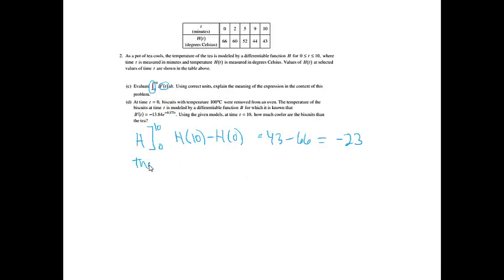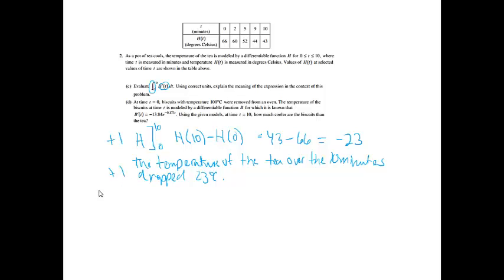So I'm going to say the temperature of the tea over the 10 minutes dropped 23 degrees Celsius. You could have worded it a little bit differently, but you should have the same kind of idea. Alrighty, that was worth 2 points: 1 point for the correct value, the negative 23, and 1 point for the correct meaning.